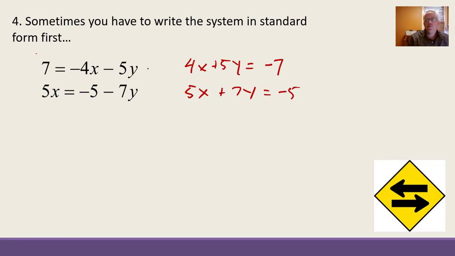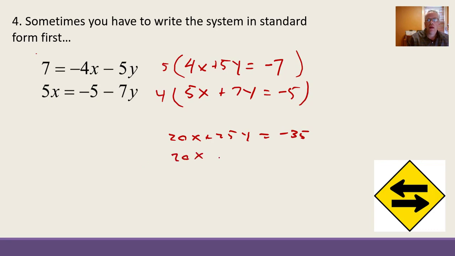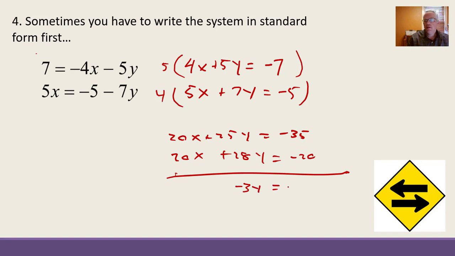I'm going to multiply the first one by 5. I'm going to eliminate x this time. And this one by 4. And we get 20x plus 25y is minus 35. On this one, we get 20x plus 28y is negative 20. And when we subtract, we get negative 3y equals negative 15, or y equals 5.